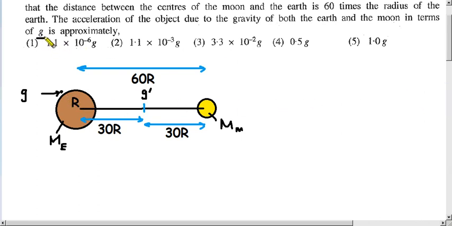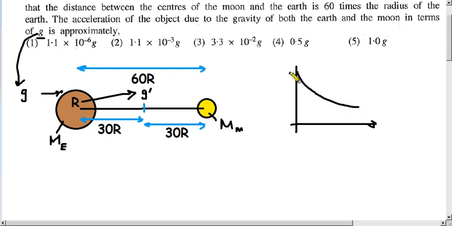That is this g, what they have given. But this g is different from this one. Why? When we go beyond the Earth, very far away, the acceleration decreases like this. Gravitational acceleration decreases like this. Here it is 10. When the distance increases, consequently it decreases.